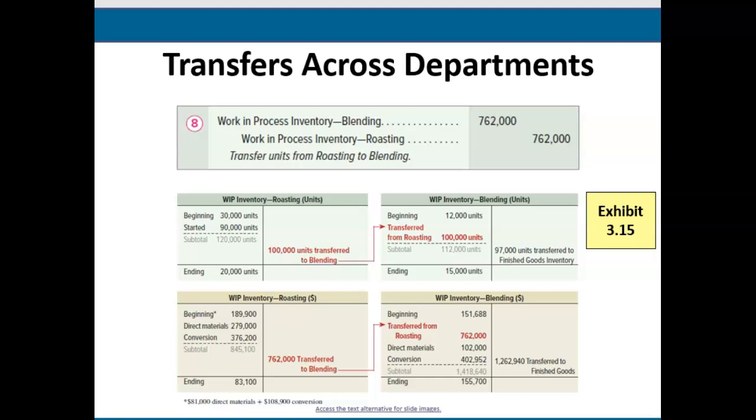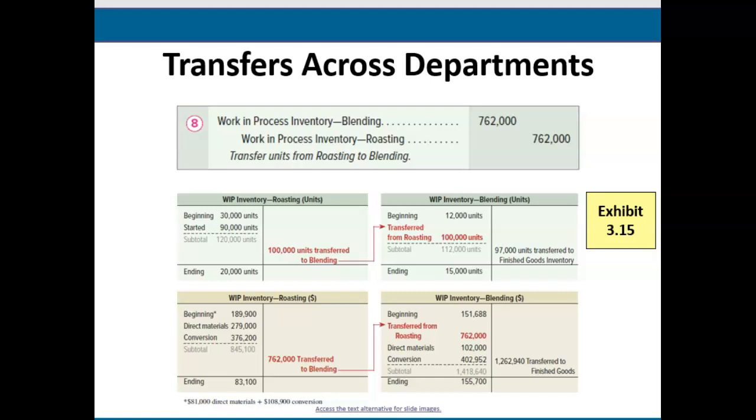Units and costs transferred out of the roasting department are transferred into the blending department. Exhibit 3.15 shows this transfer using T accounts for the separate work in process inventory accounts, first in units and then in dollars. We see that the blending department began the month with 12,000 units in beginning inventory with a cost of $151,688.